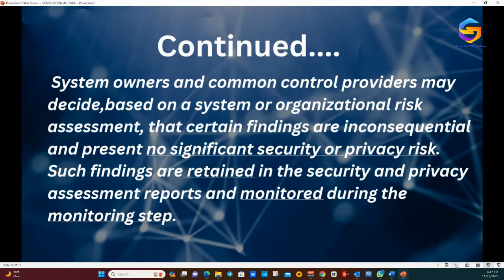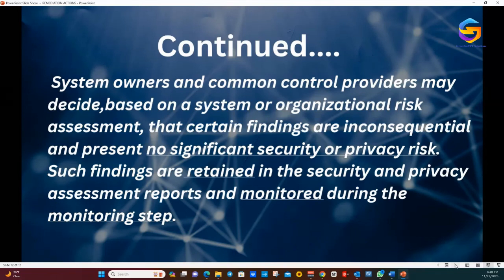If it's not of much threat to the system, you can just keep an eye on it and keep on monitoring that in the monitoring step. That's what that means. But the controls that are of a higher risk to the system, where hackers can easily hack into the system and get access to data and all that information, then it is recommended, as it is of very great importance to the organization, to fix it immediately.